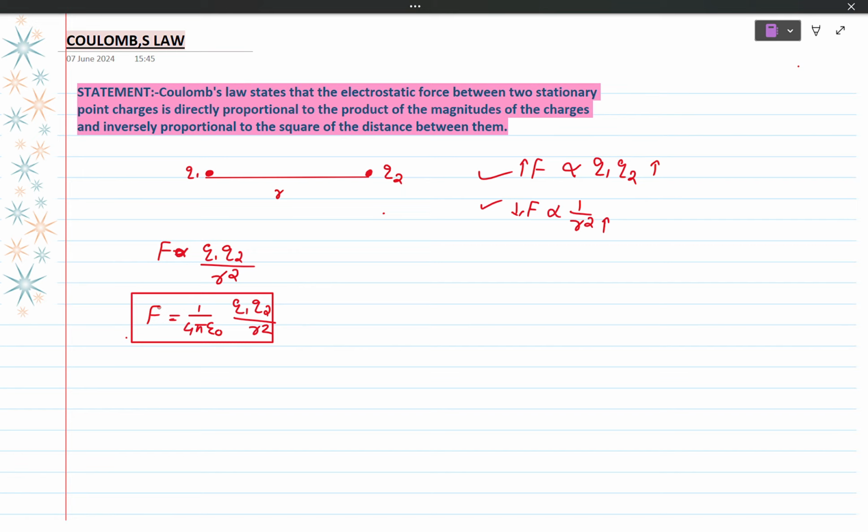According to the statement, we wrote the mathematical formula F equal to 1 by 4 pi epsilon 0, which is the constant, times Q1 Q2 by r square. Q1 Q2 means the product of the magnitudes of the two charges. r square means the square of the distance between the two charges. Epsilon is known as the permittivity.